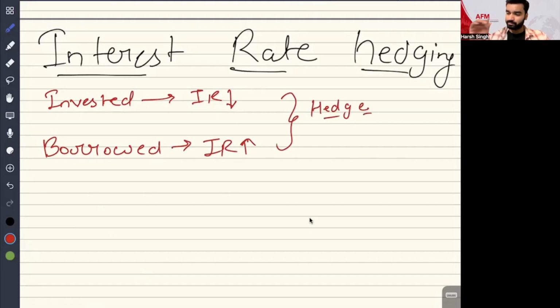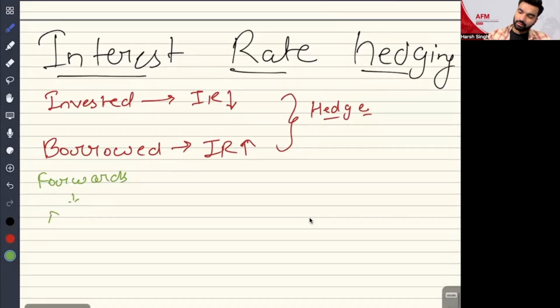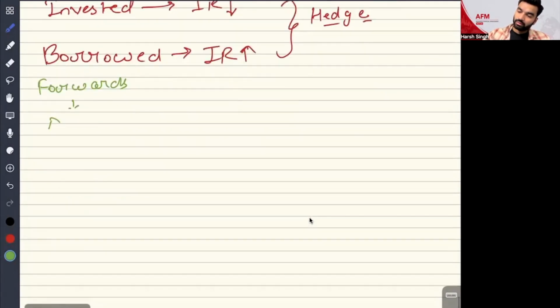Now, what we will do, we will use certain hedging techniques. What were they? Again, the hedging techniques are going to be very much similar, everyone. Over here, we have a number of techniques. For example, we start with forwards. Then we go and solve futures. Then we have options.